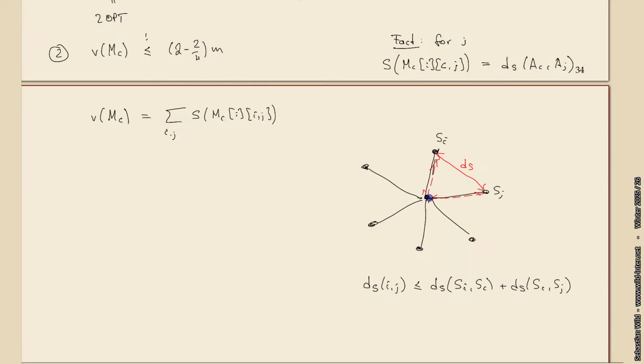I guess another time for I equals the center and j equals the leaf. And then for every other leaf, we sum it once. We sum it twice because it's both pairs. Okay.